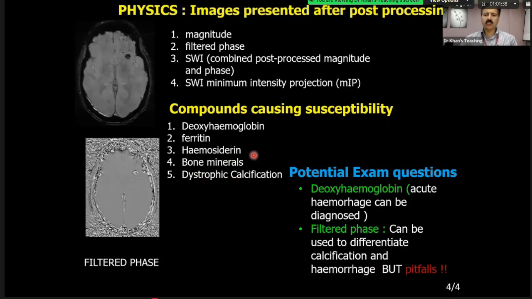So the question is, can we differentiate between calcification and hemorrhage on SWI sequence? And the answer is yes.